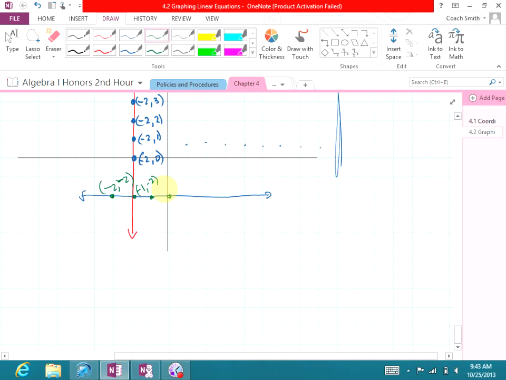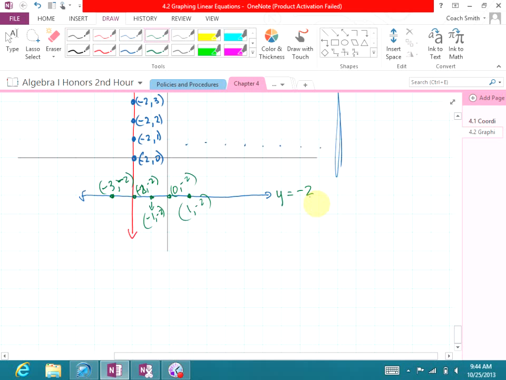No, hang on here, that's wrong. That's 3. 3 that way. This is negative 3. This is negative 2. And then this one would be negative 1, negative 2. This would be 0, negative 2. This would be 1, negative 2. So the equation for this one would be Y equal negative 2.